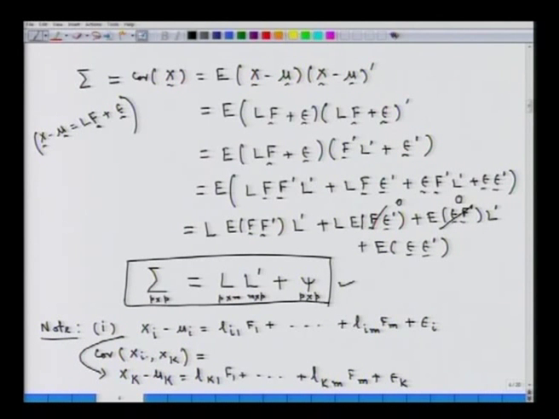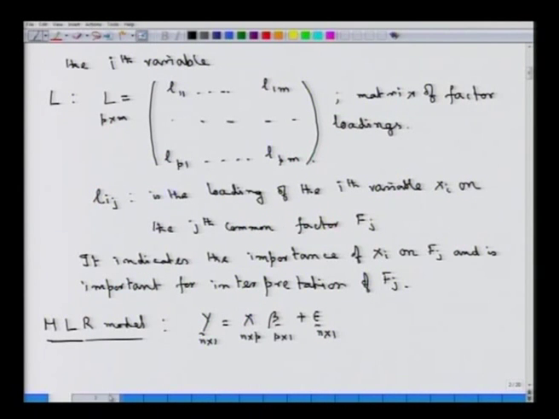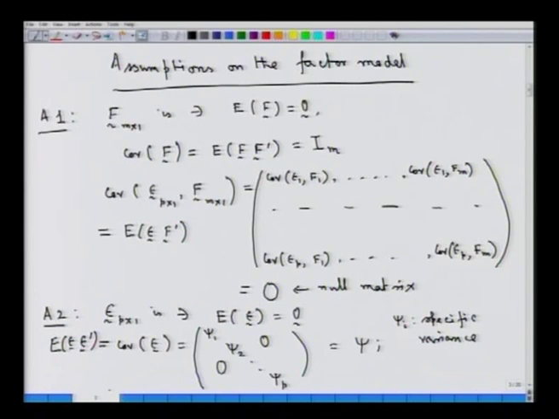Now when we look at the covariance between these two quantities, we need the covariance structure of F1, F2, up to Fm, which is what we assumed in assumption A1. The covariance matrix of F is diagonal in nature, with the variances of all the common factors equal to 1.